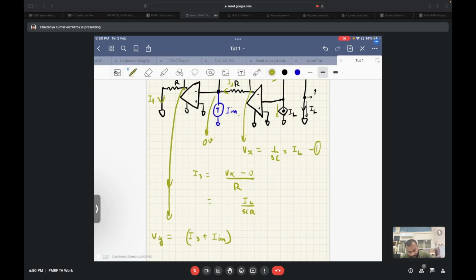Again, this impedance is QR divided by 1 plus SCQR. And this can also be written as, if we take the QR in the denominator, I3 plus I in divided by 1 by QR plus SC.